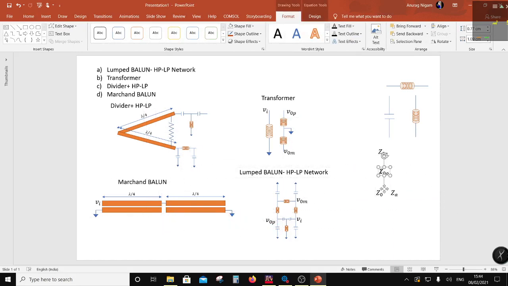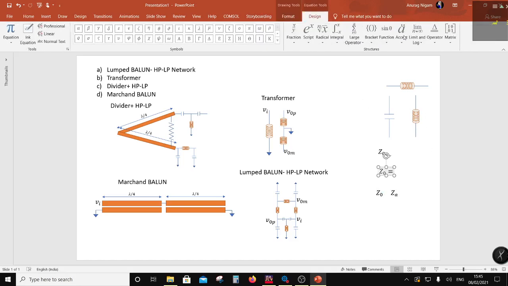That would be equal to ZO equals the square root of ZOE times ZOO. So this will be your characteristic impedance, right?